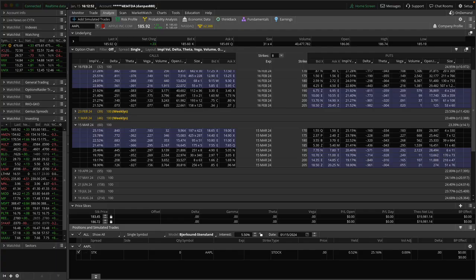So this is an option chain of Apple. And let's say I buy these 32-day 190 calls at $3.40, because I'm bullish here in the short term. Well, what I can do is set my profit target and at the same time put in a good till cancel OCO order to sell these calls that I bought at 3.40 at, say, $3.